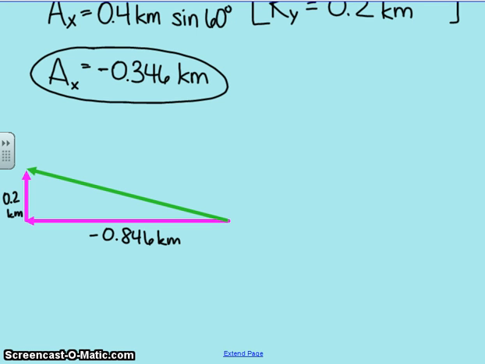You should by now hopefully be comfortable with adding two perpendicular vectors, but in case you're not, we'll go through the work with this one. To find the magnitude of the resultant, we will do the square of 0.2 plus the square of 0.846.